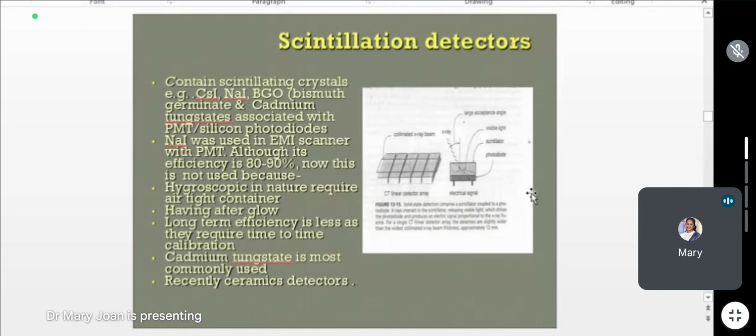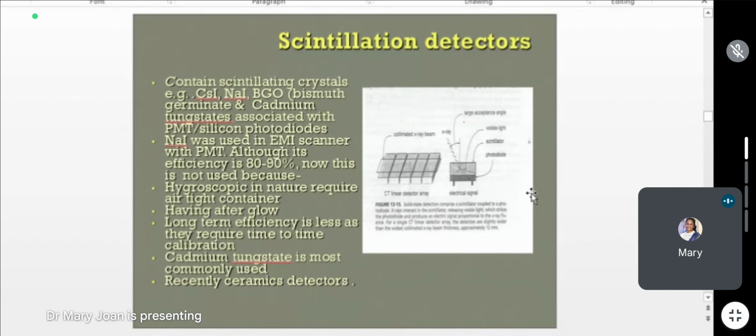The major problem with scintillation detectors is the hygroscopic nature of the crystal, so it absorbs the moisture in the room. Once it absorbs moisture, the scintillation properties of the crystal become ineffective and the crystal will get damaged.